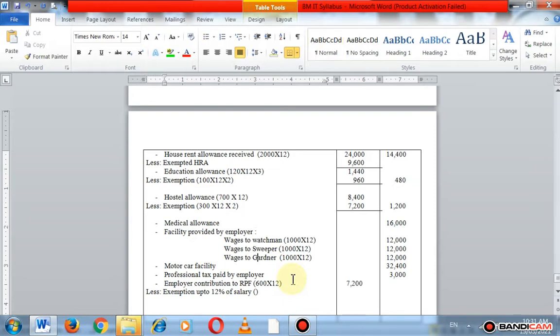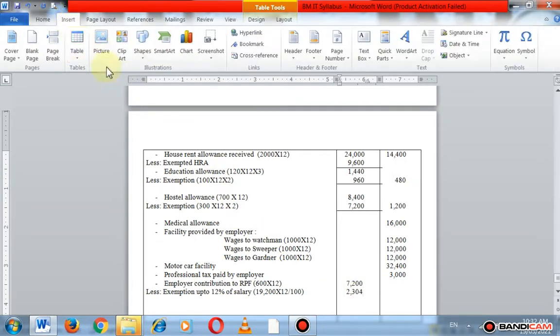So we compute the salary, that is 19,200 multiplied by 12 divided by 100. So the exemption is 19,200 multiplied by 12%, that is 2,304. Got it, 2,304.